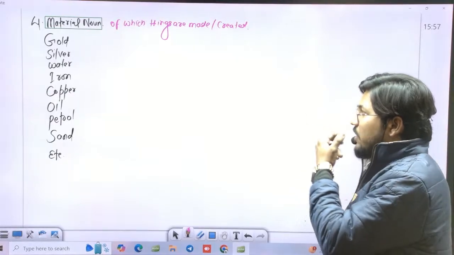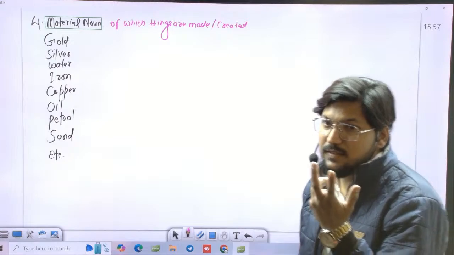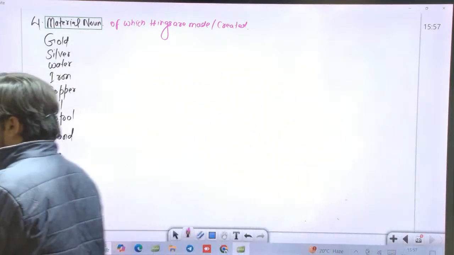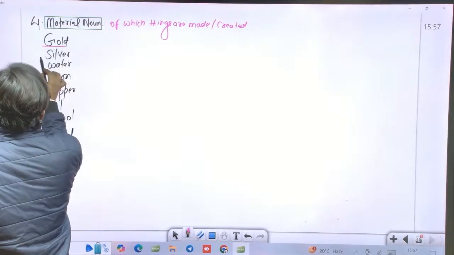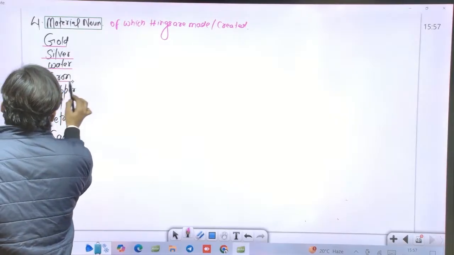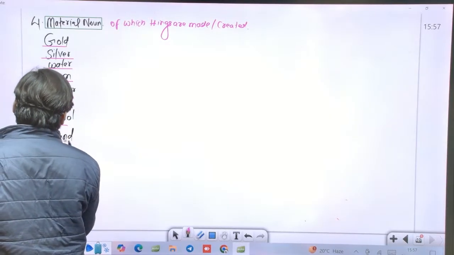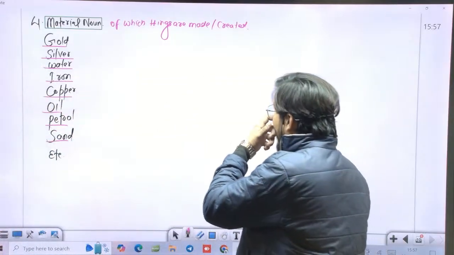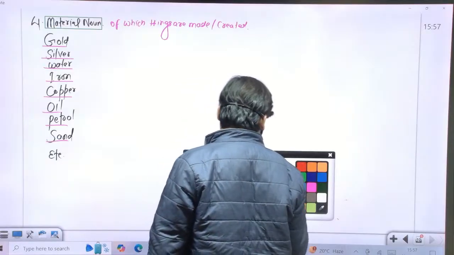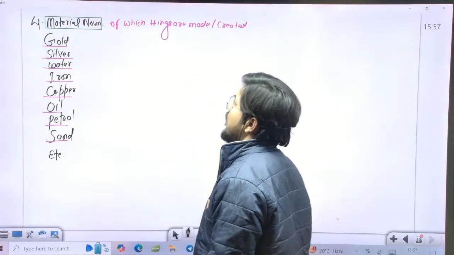So when we talk about point number 4, this comes under uncountable nouns. Now we are talking about uncountable nouns. So these all are uncountable nouns. Can you count gold? Nope. Silver, water, iron, copper, oil, petrol, sand, and so on. So we can't. That is why they are known as uncountable nouns.